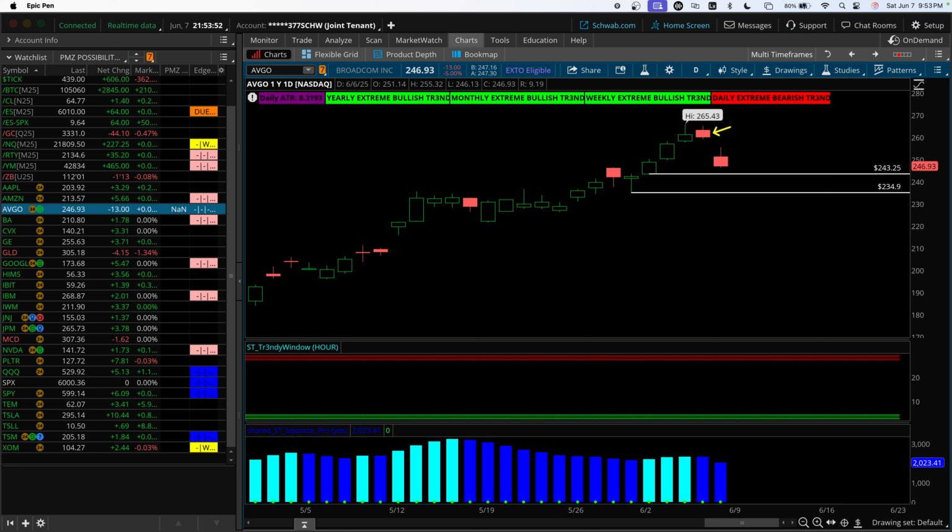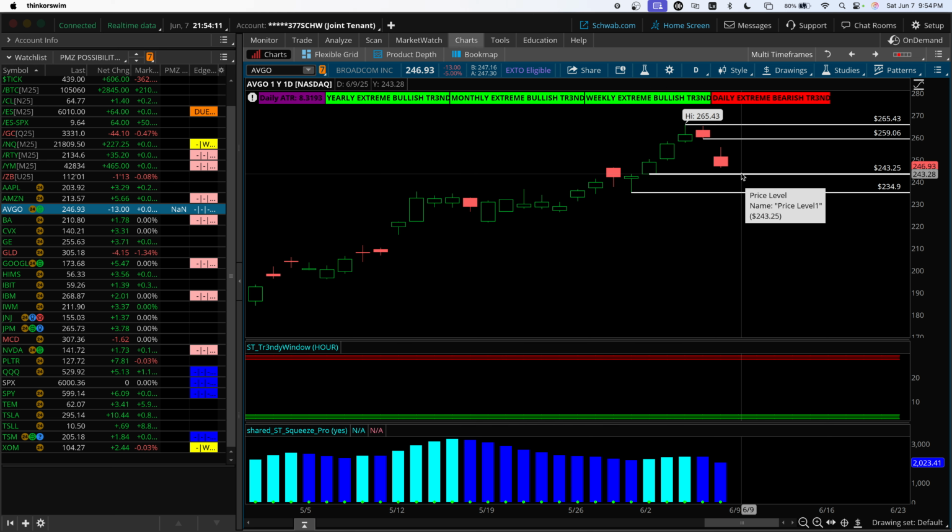So this created an inside and down candlestick pattern, which for me is a supply zone, and where I would be targeting, that would be my target on an entry from 243.25.